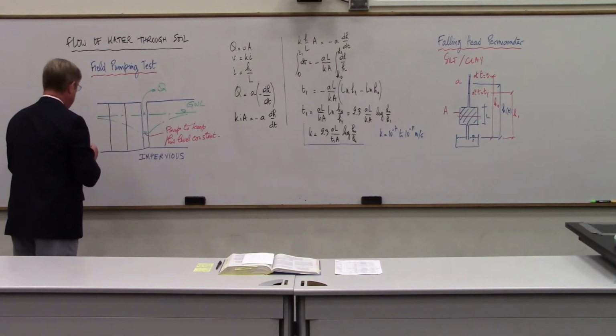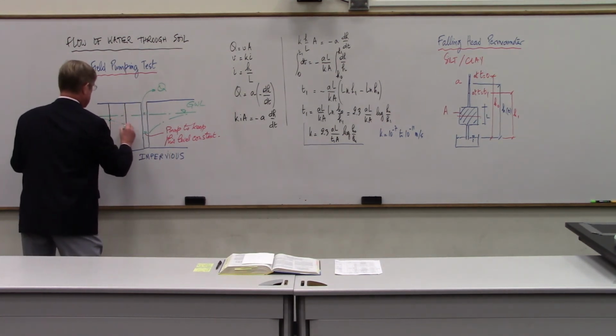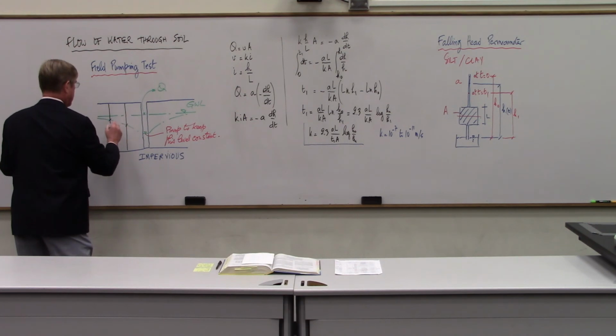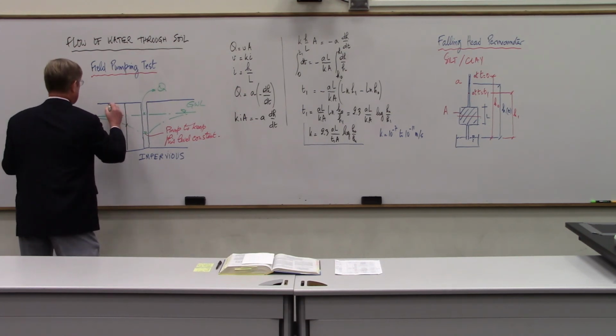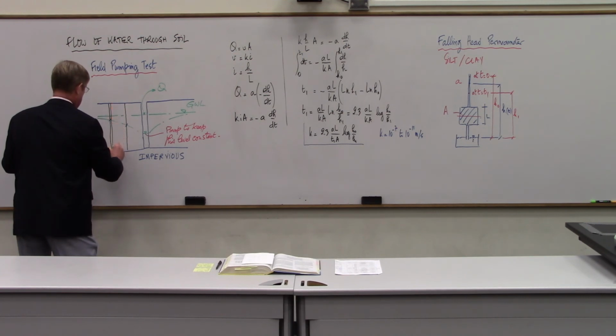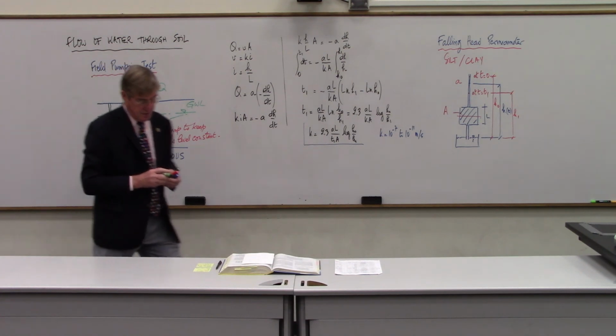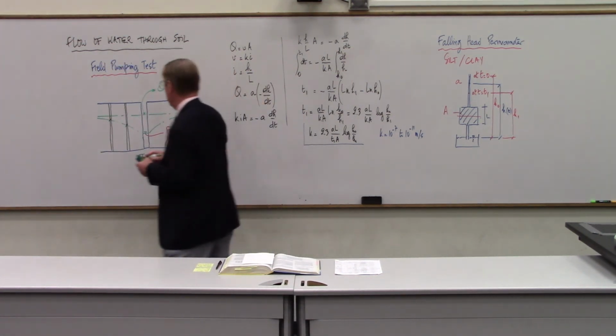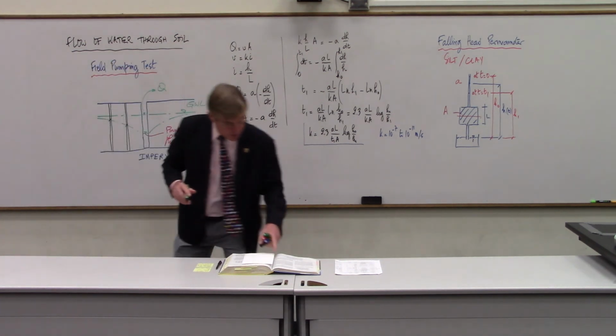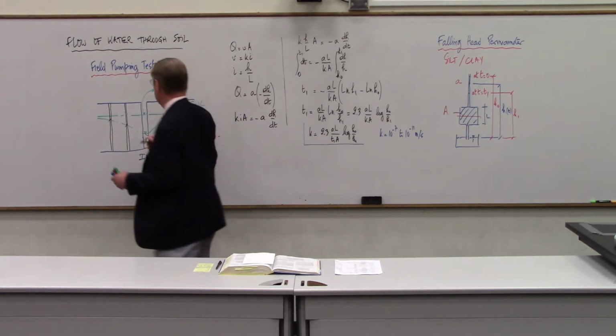Okay? And you measure the height from the impervious layer in this boring. You drill a hole here, all the way to there, a hole all the way to there. And the distance is R1. R1 was the closest one.